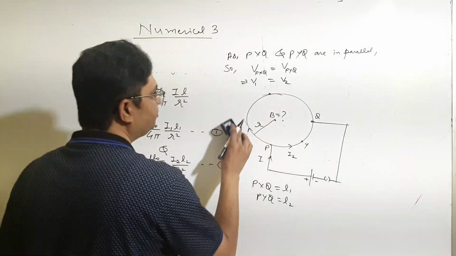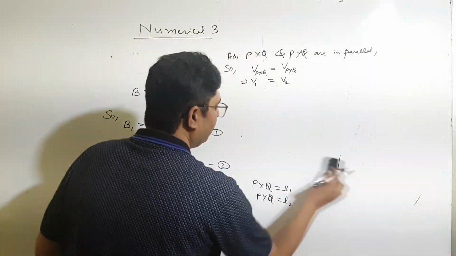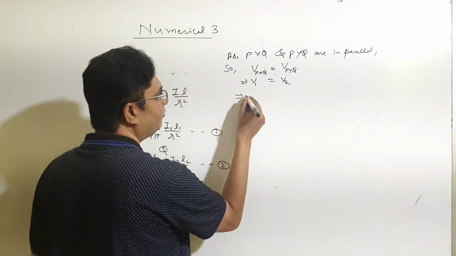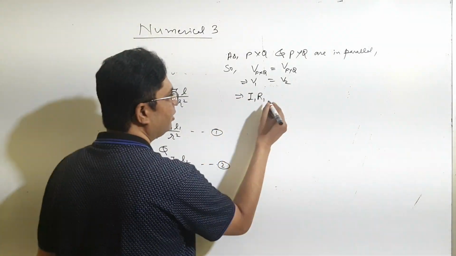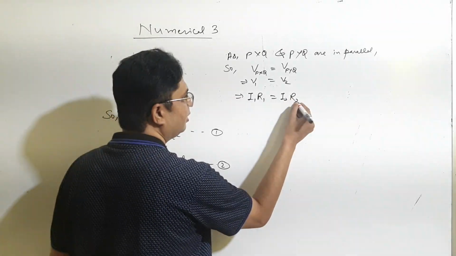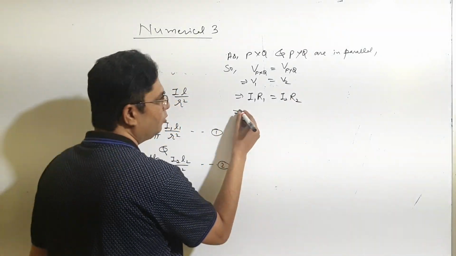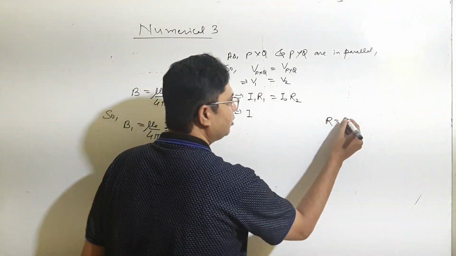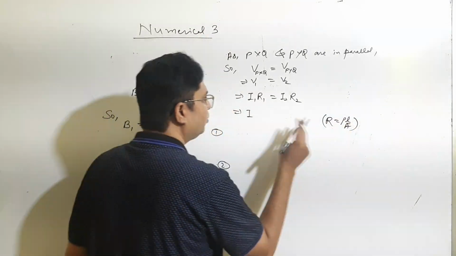Now let us solve it. According to Ohm's law, V equals IR. So you have I1 R1 equals I2 R2. Now you know that R equals rho L upon A. So put the value here.